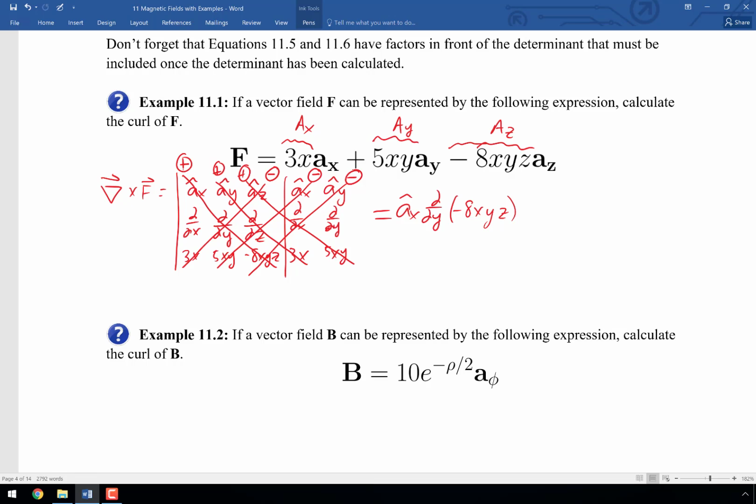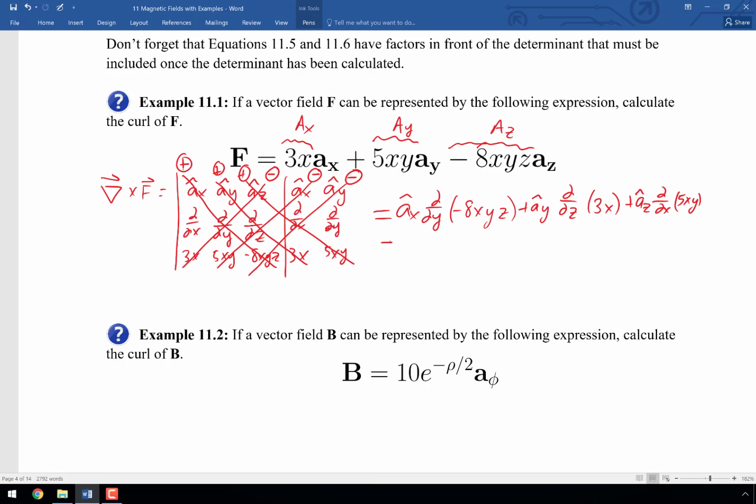So I've got 3 terms that are going to be positive, and they are the ones that I labeled with plus signs there. Partial with respect to z of 3x. So that's the second of those. Yep, just double checking that. Plus a sub z partial with respect to x of 5xy. Yep. And then we've got to do the 3 that are negative.